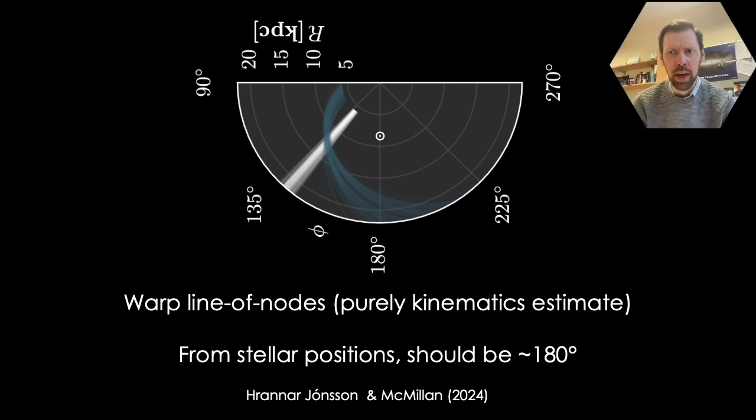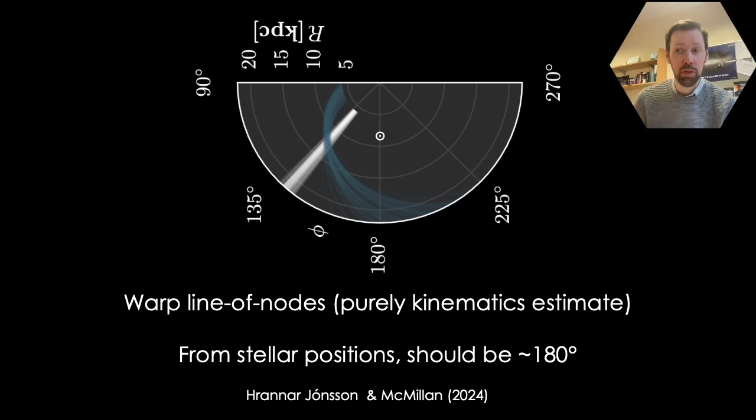We also look at how this line of nodes is changing as a function of radius as we go outwards in the galaxy. Again, we have some expectations of what that should be. Unfortunately, the data don't really give us a clear picture of what's going on here.